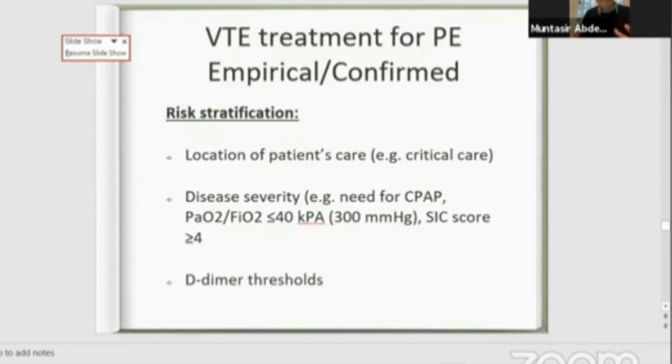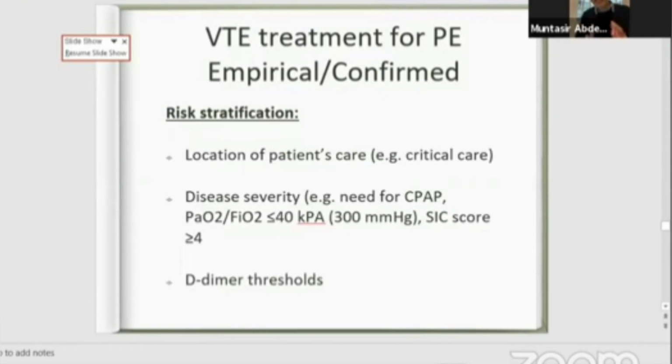He might be very unwell, hemodynamically unstable, very difficult to move him to CT scan. And therefore, sometimes you have to treat the patient empirically. And therefore, they recommended doing some sort of risk stratification to decide whether this patient is likely to have a PE or not.